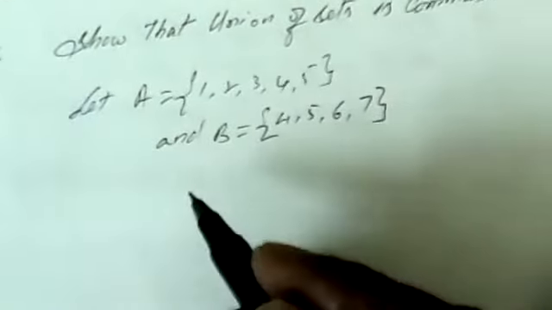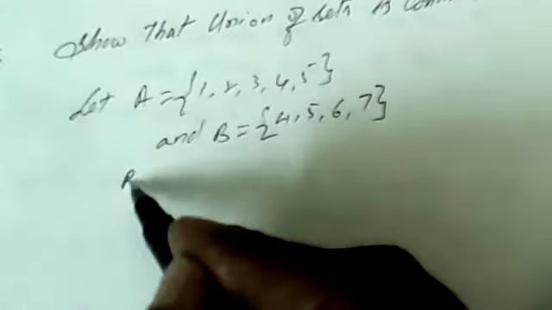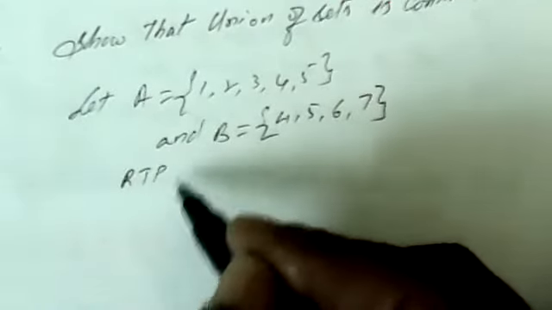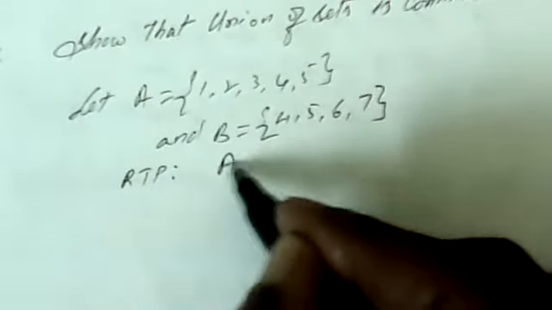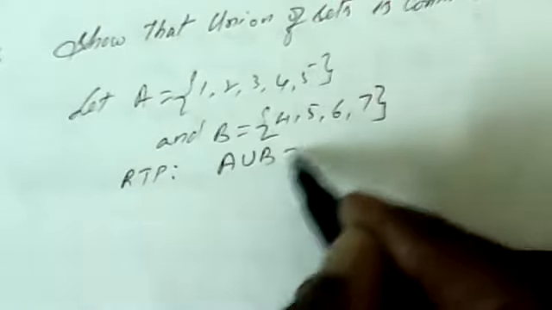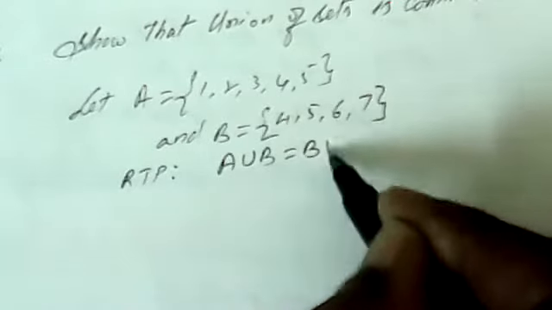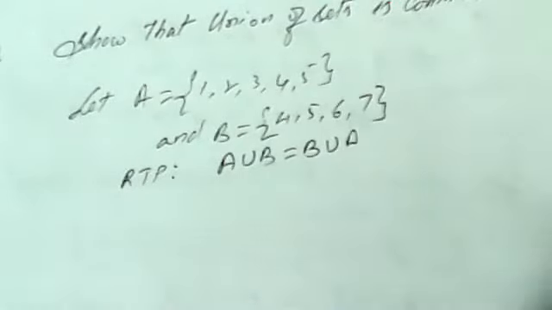Then what you have to show, in order to prove the commutative property, is A union B is equal to B union A.